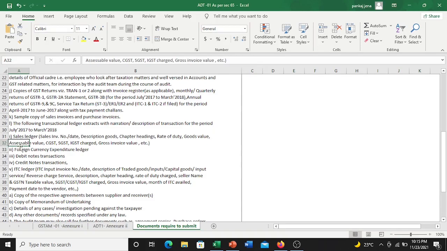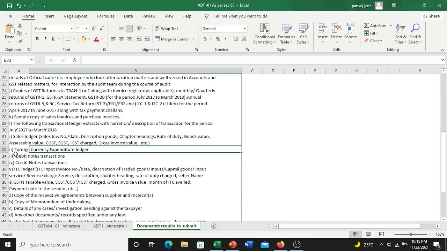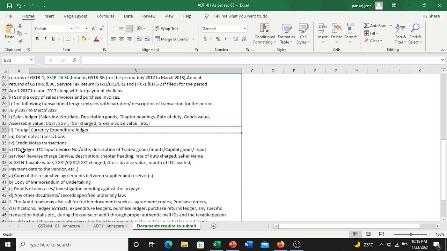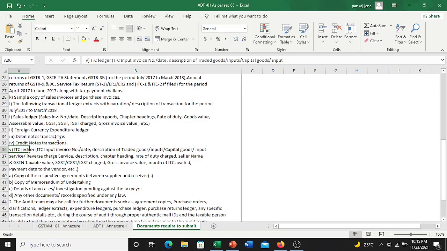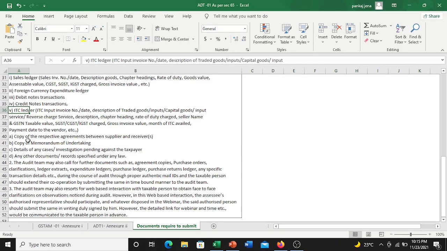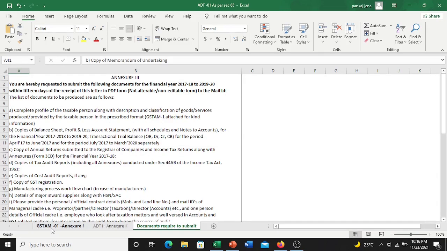Then sales registers, debit notes, credit notes, foreign currency expenditure if any, then the ITC register as I mentioned earlier. Then a copy of the agreement between supplier and receiver. This is the overall annexures we discussed, from annexure 1 to annexure 3. It pertains to our ADT-01, which is for our GST assessment. And this is it.